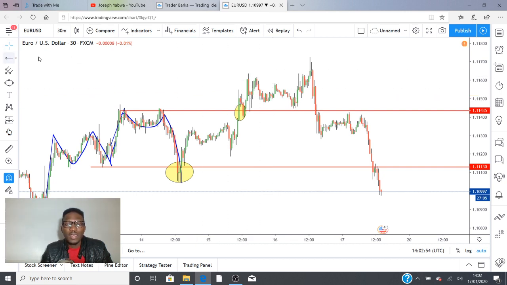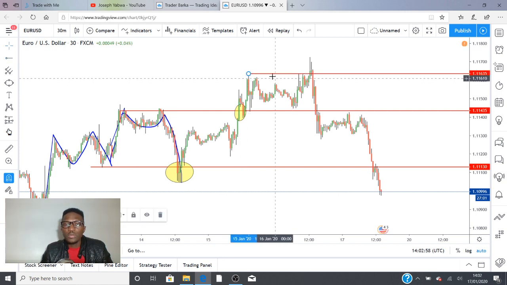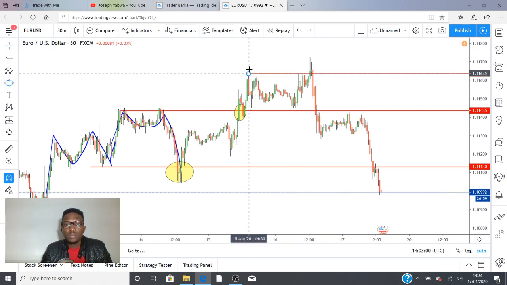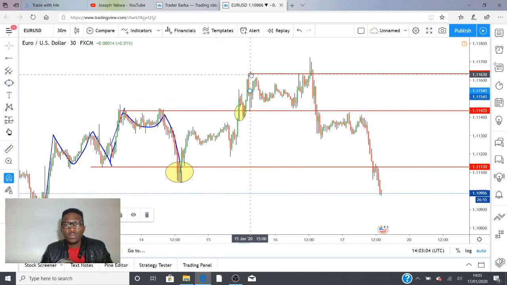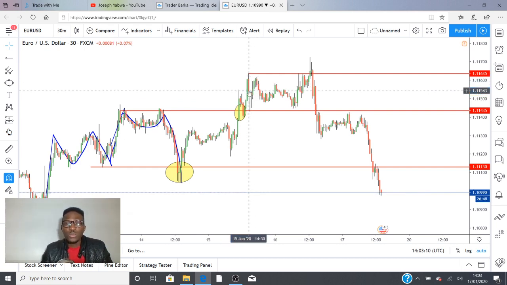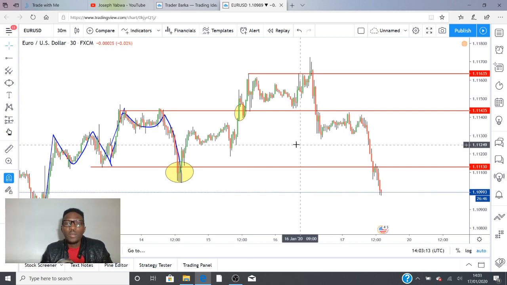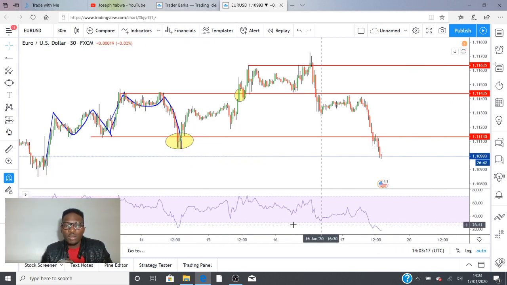And we can see here that the market came back to the top and made a double top, right? We had a double top here. Anyway, you get the point, guys. So if I bring in my RSI, hopefully that's going to give us some kind of indication of what the market has done there.